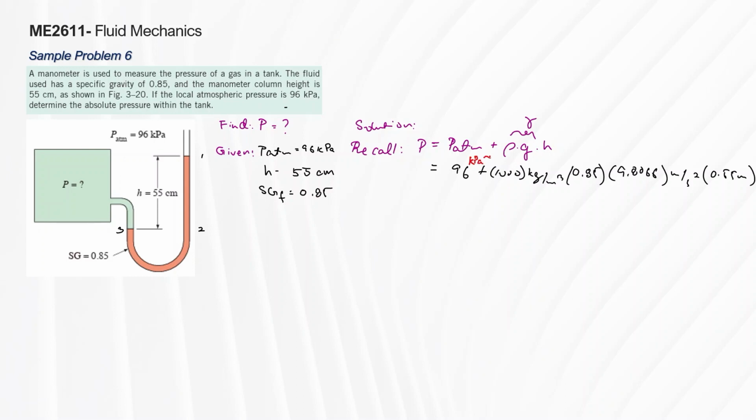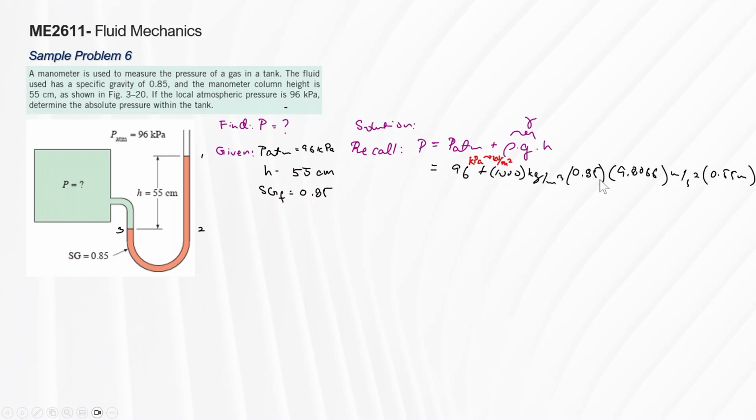So, basically, per meter squared, and then plus the product of 1,000 times the specific gravity, because I used the specific weight, so that I can get the density.